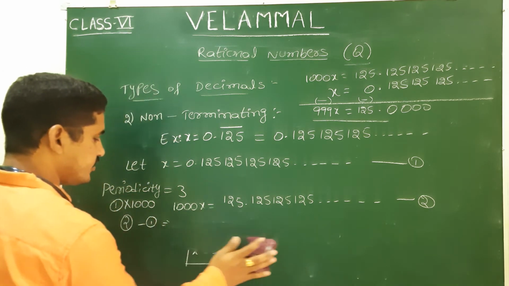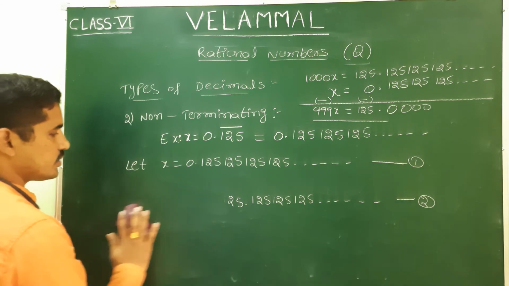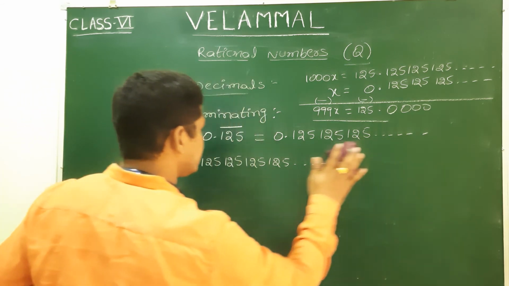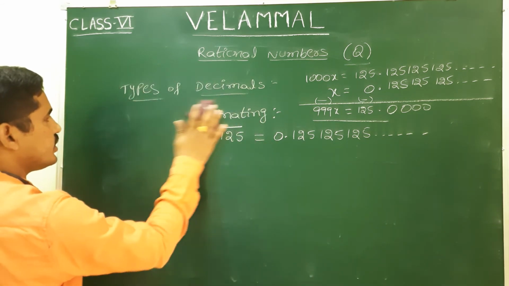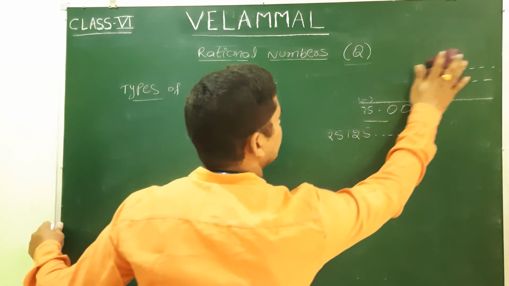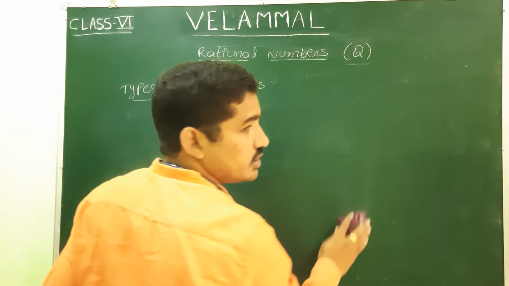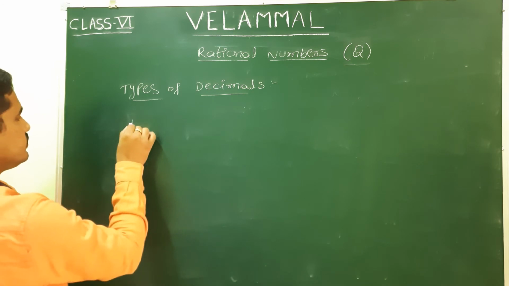Okay, next we have the irrational number. Irrational number is a very important one, and it can also cause a little confusion. What is the irrational number?